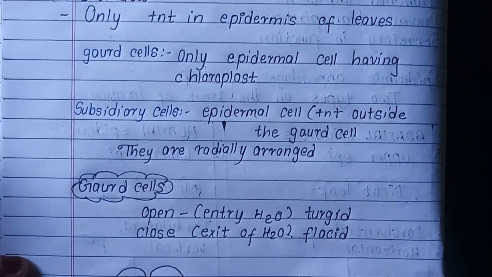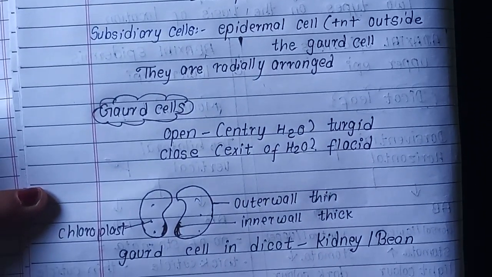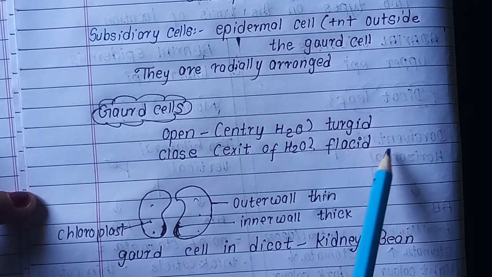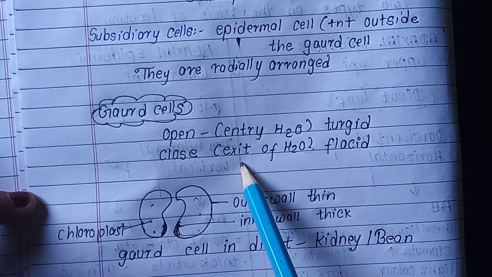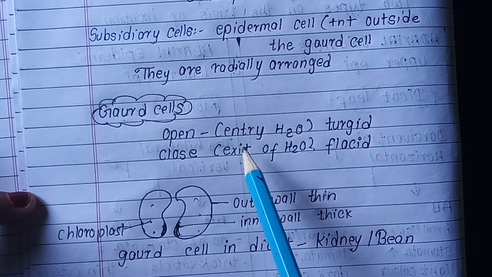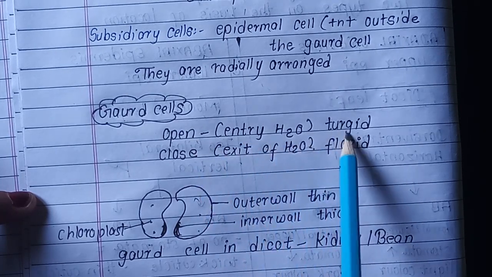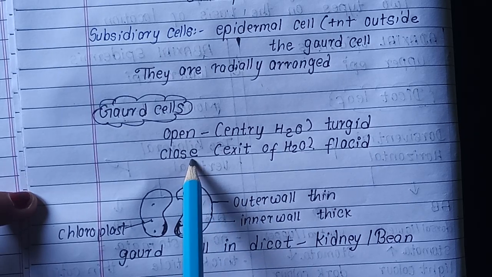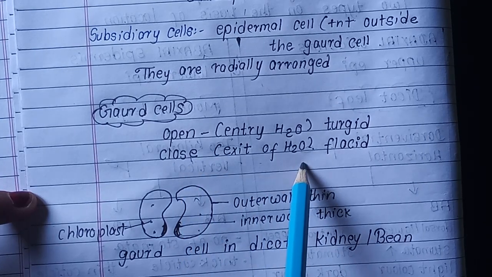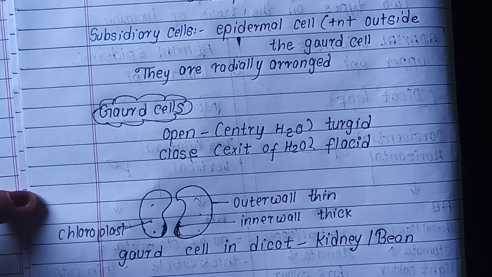Guard cells open when they become turgid. When there is an excess amount of water, they open and become turgid. When there is a scarcity of water, they close and become flaccid.